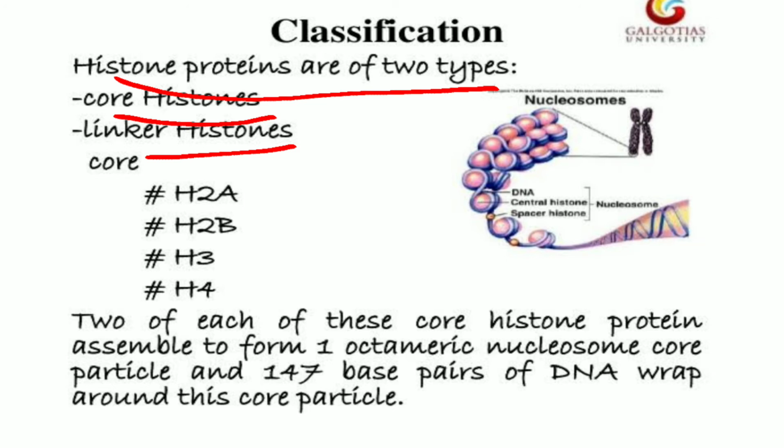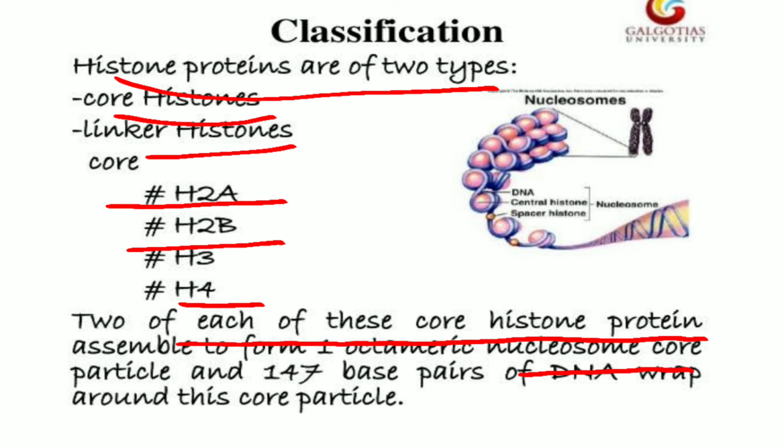Histones are four in number: H2A, H2B, H3 and H4. Two of each of these histone molecules assemble to form one octamer. The nucleosome core particles consist of about 146 to 147 base pairs and form the core molecule.